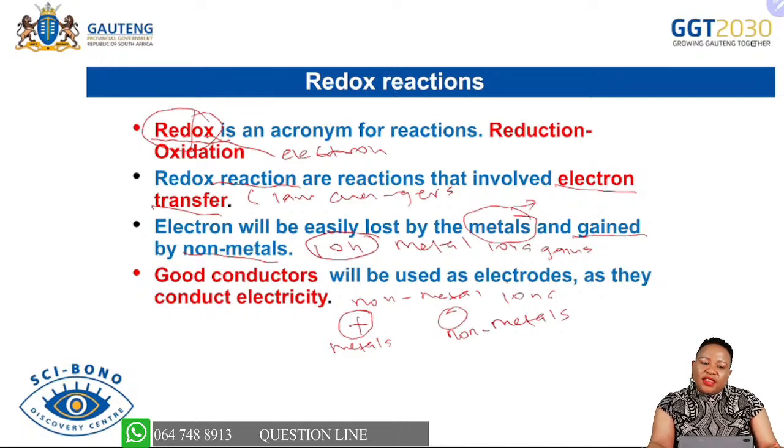Therefore, that is why their charge normally becomes negative. We are also going to use our metals or our electrical conductors as our electrodes in these cells, because definitely we are going to deal with a circuit whereby those conductors must be good conductors of electricity for them to be able to transfer electrons, or for them to allow electrical conductivity.